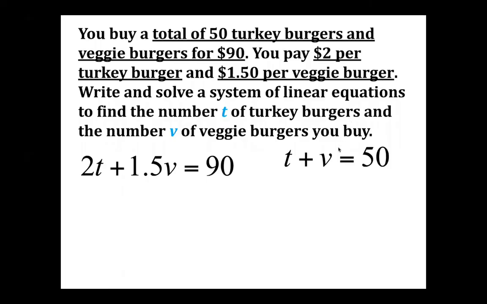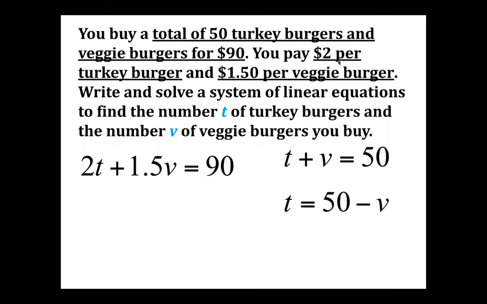Now you have a system of equations that you can solve using substitution. So the first step we want to take is to have one equation set to a variable, so in this case either t or v. I'm actually going to set t plus v equals 50 to t, since it's much easier to rearrange, since you just have to subtract v from both sides.